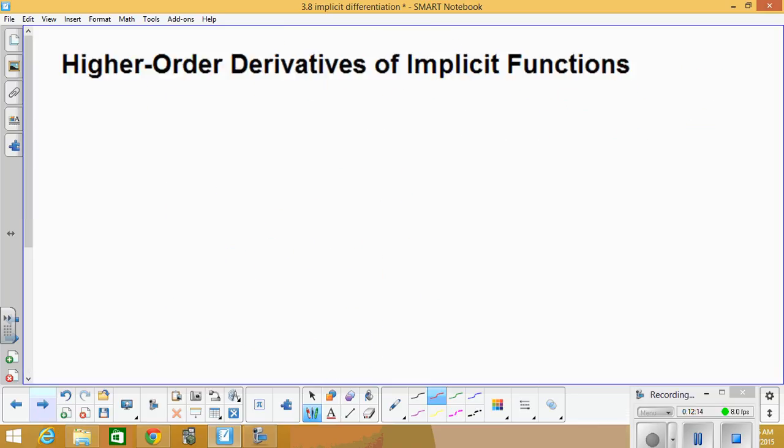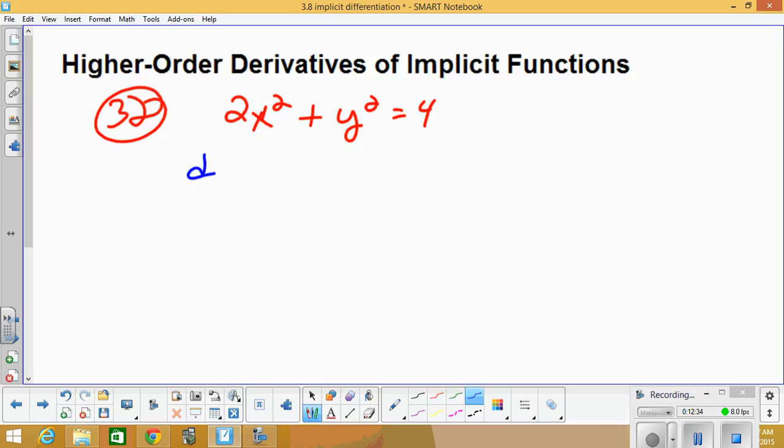We want to do higher order derivatives of implicit functions. So I'm going to do example 32. We have 2x squared plus y squared equals 4. So I want to find the second derivative of this function. I'm going to go ahead and find the first derivative, dy dx. So this is what I'm looking for.